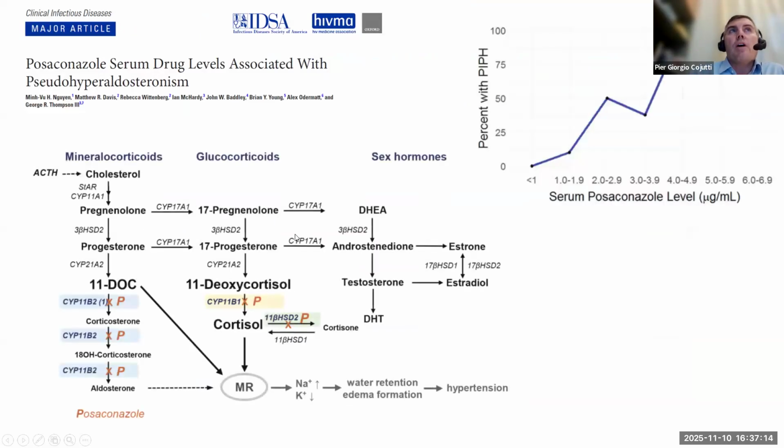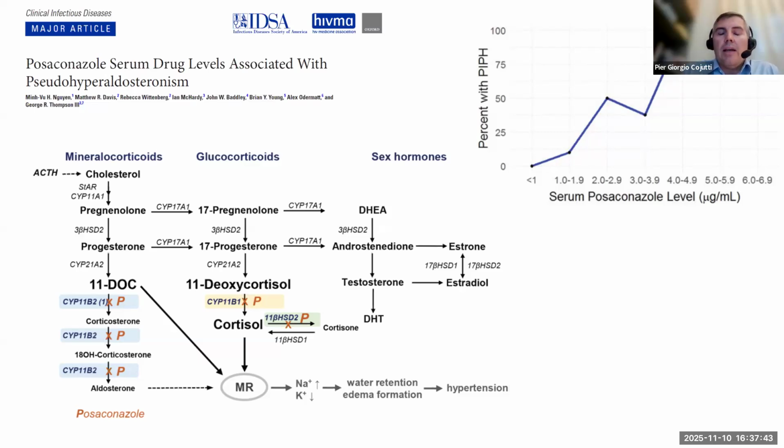The second problem, more recently highlighted with posaconazole, is that posaconazole may block some enzymes in the cascade to aldosterone production, giving a pseudo hyperaldosteronism in your patient, which means that your potassium level may decrease.